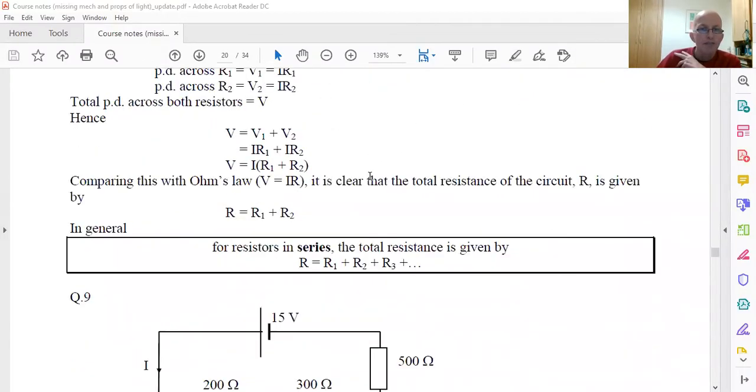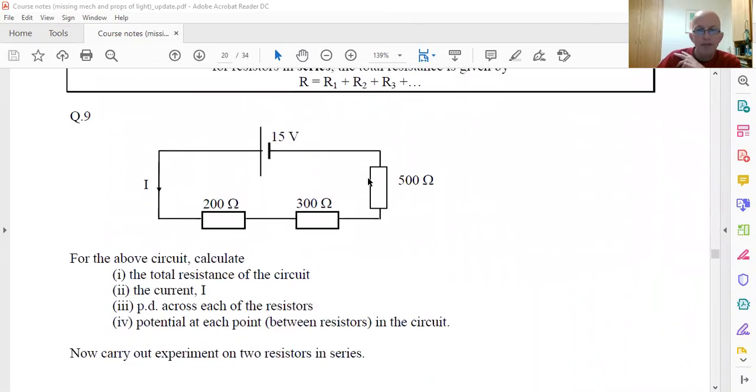Now, there's a quick calculation, or quick question, in the notes. So I'm just going to share the screen so we can have a look at the notes there. And you'll see at the bottom of, is it page 20?